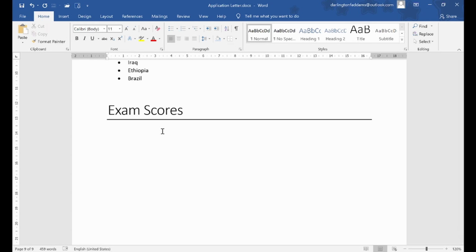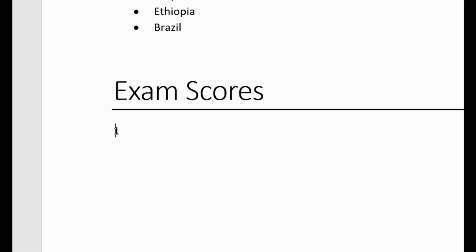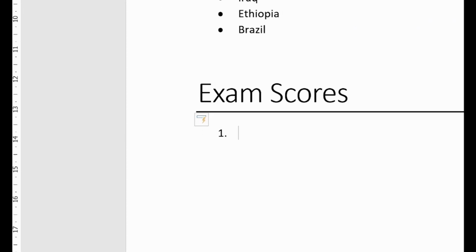Let's say exam scores and number 1. Now, you see that when you press 1 and dot on your keyboard, Word automatically detects that you are creating a list. So they will push it to the right a little for you. So that's what has happened now.